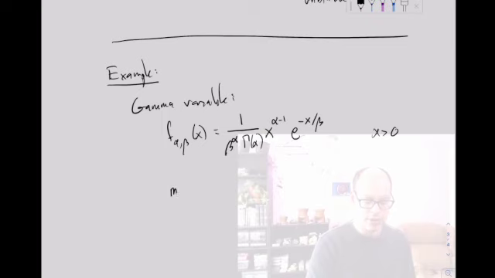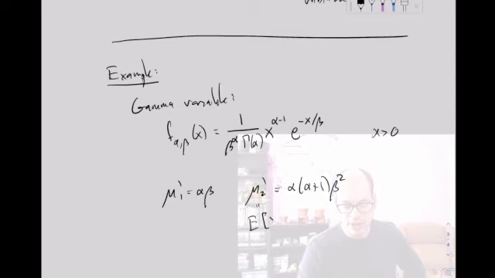So if you look up the moments of this, the first moment of the gamma distribution is alpha beta, and the second moment, the expected value of the variable squared, happens to be, in this case, alpha times alpha plus 1 times beta squared. Okay, so these are things that we could solve for. So this is the expected value of x squared, which we can just describe in terms of the variance and the square of the mean.